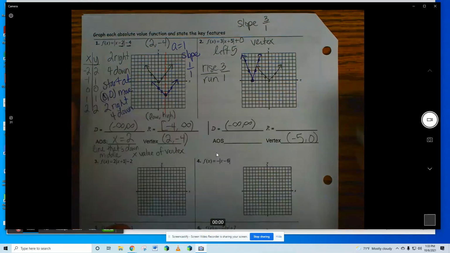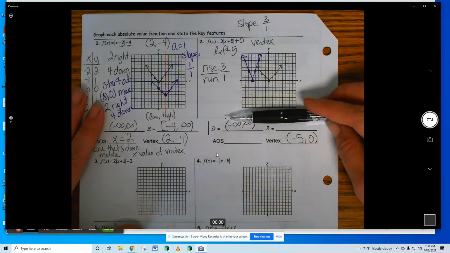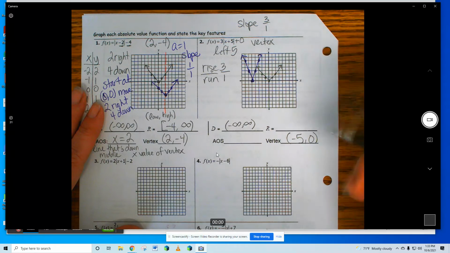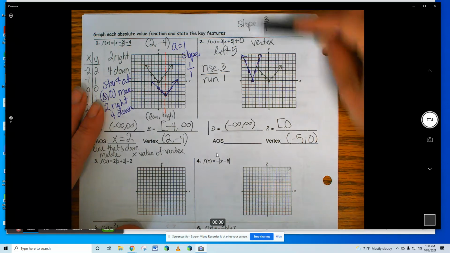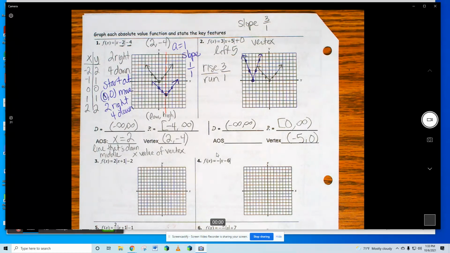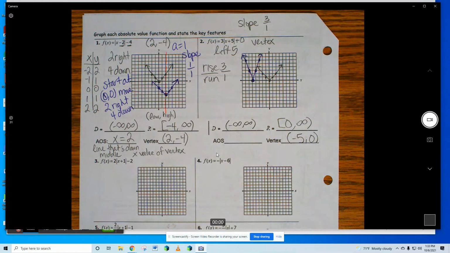So at 0 it starts, bracket 0. And then up, forever up. Bracket 0, comma, infinity, parentheses.